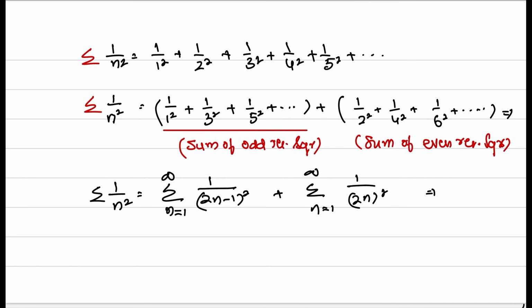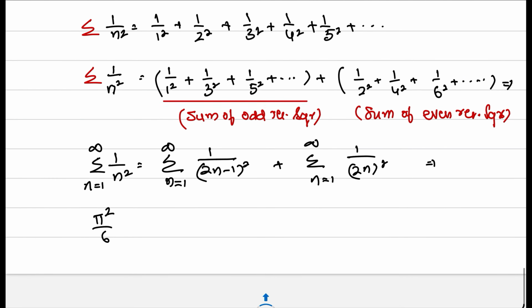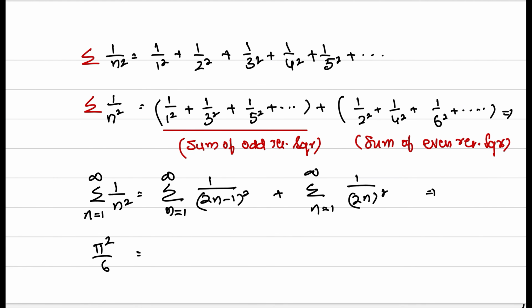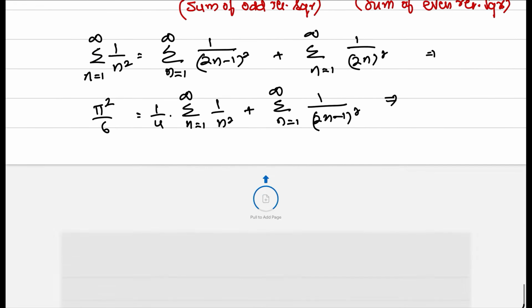This value we know, sigma n equal to 1 to infinity 1 by n square is equal to pi square by 6, which is equal to 1 by 4 into sigma n equal to 1 to infinity 1 by n square plus sigma n equal to 1 to infinity 1 by (2n minus 1) whole square. Just see, it is a rearrangement only.